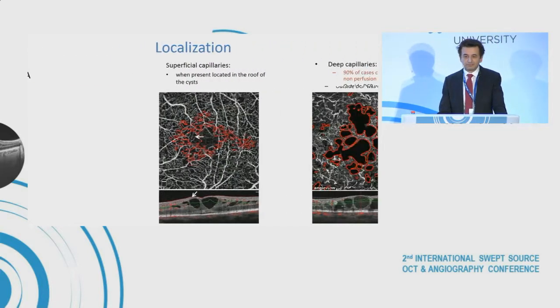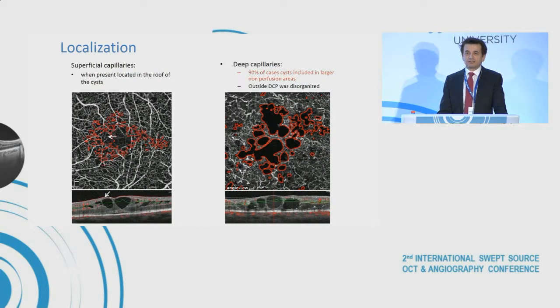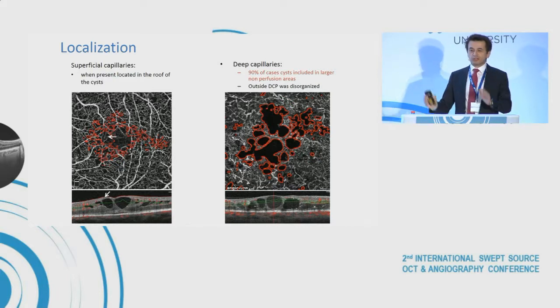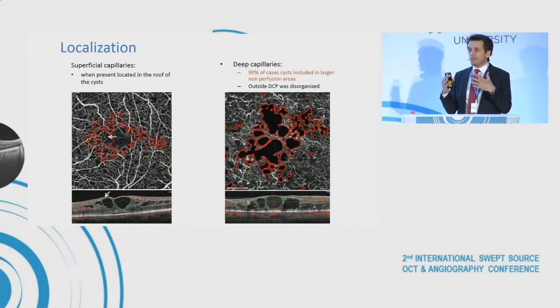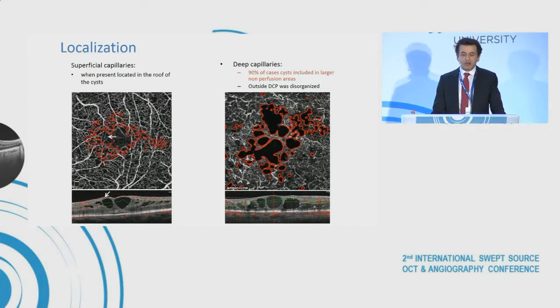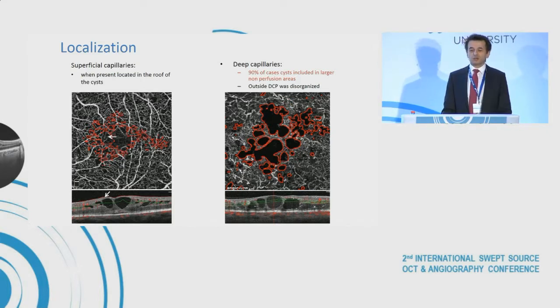The second question was that you have capillary occlusion in diabetes, you have edema in diabetes, and somehow they could be connected. So we looked at the connection between capillary occlusion and cysts in diabetic macular edema. Of course, when you have cysts, you don't see capillaries inside the cyst, that makes sense.